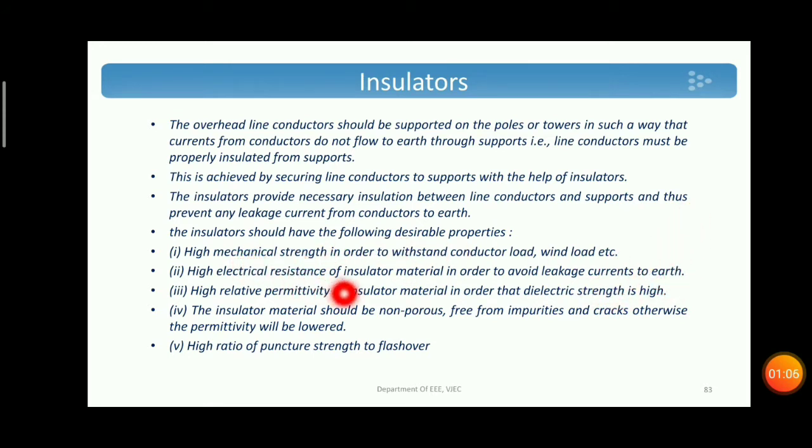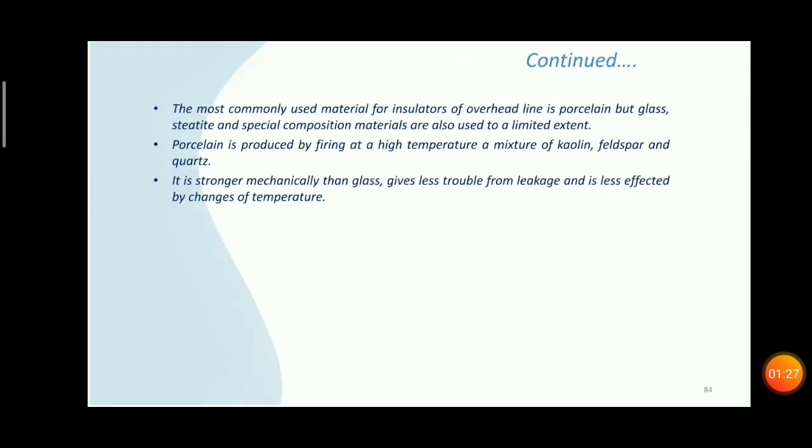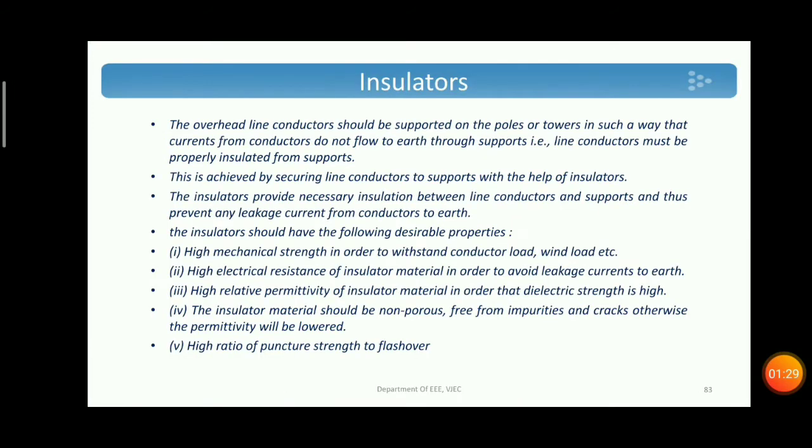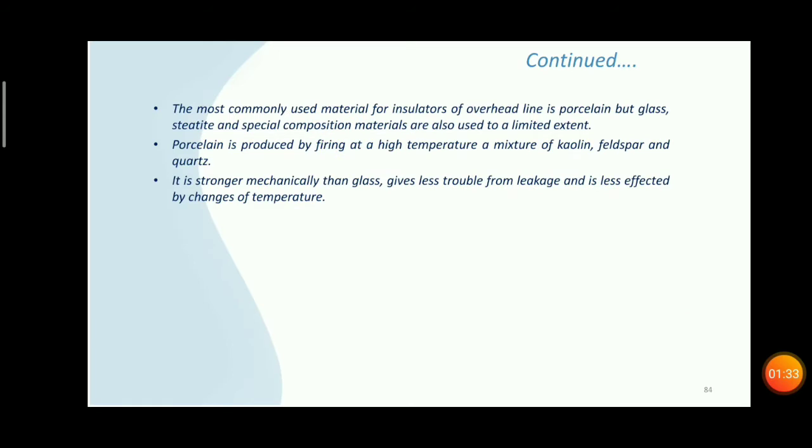And high relative permittivity for the insulator material so as to have high dielectric strength. The insulator material should be non-porous, free from impurities and cracks, otherwise the permittivity will be lowered. And a high ratio of puncture strength to flashover. The puncture strength and flashover will be discussed in detail later.